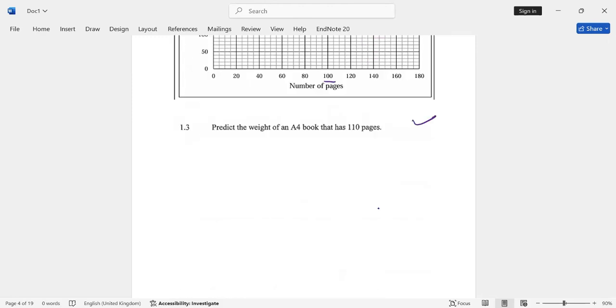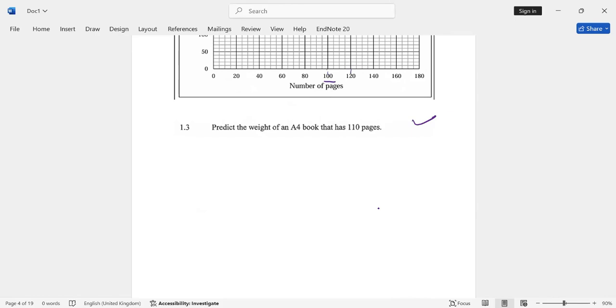The next question is 1.3: Predict the weight of an A4 book that has 110 pages. We have pages between 100 and 120. We use our line of best fit to predict the weight y when the number of pages is 110.